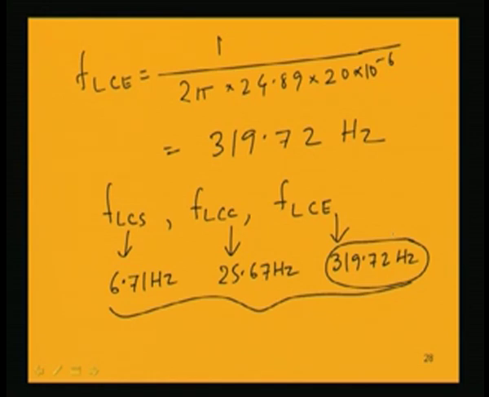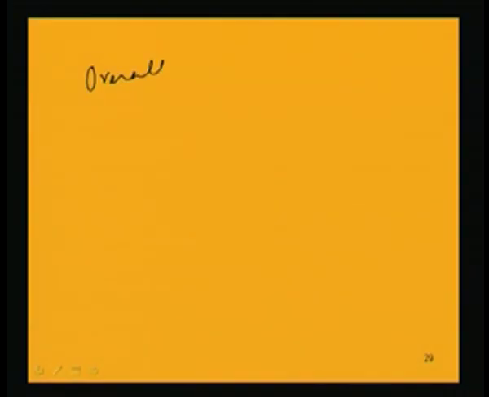So, now we have to choose the largest among all the three lower cutoff frequencies, and that will finally be the value of the lower cutoff frequency for this amplifier circuit, because in the lower frequency region you have to take the largest value among all the lower cutoff frequencies. So, what will be the final value of the overall lower cutoff frequency?